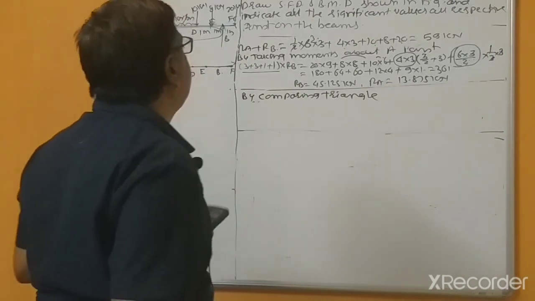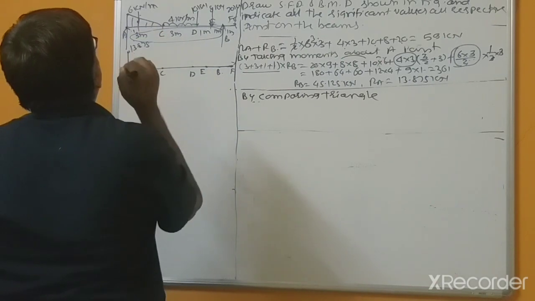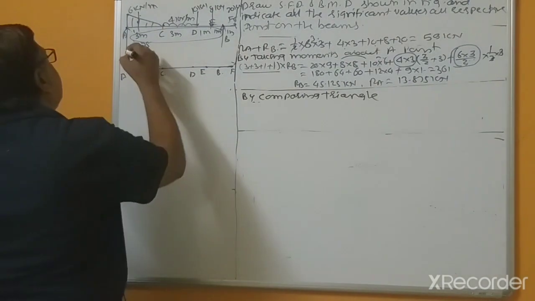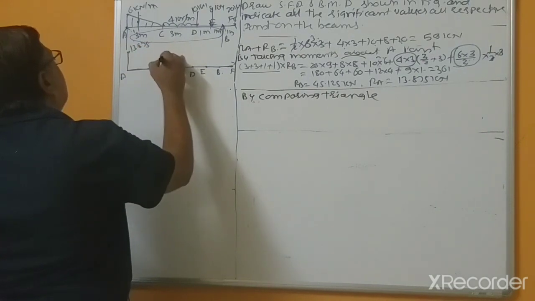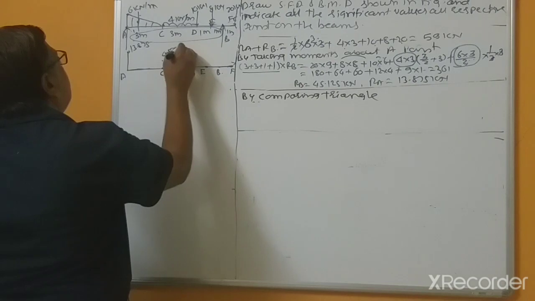This is 9 minus 9 because 6 into 3, 18 divided by 2, so that's why this is 4.875 kilonewton.